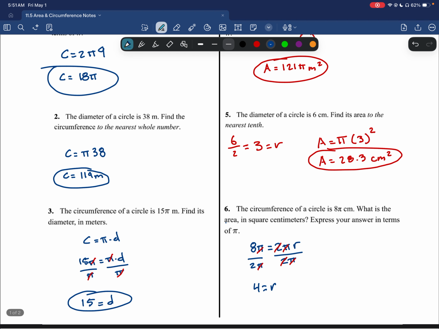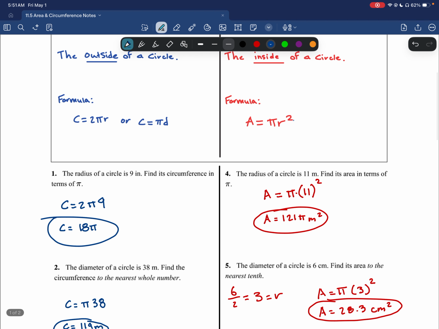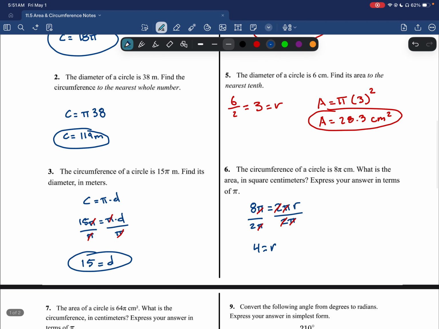Now I can find the area by plugging it into the area formula. Okay, so now I go area is equal to pi times my radius, so 4 squared.